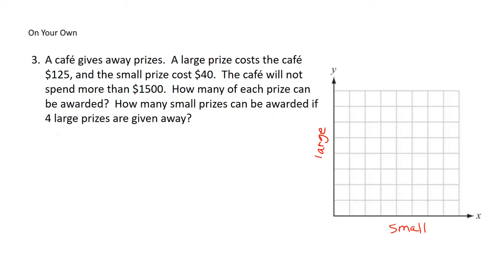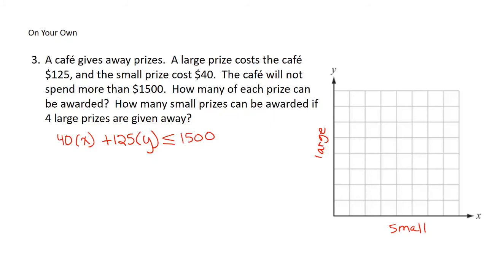So let's say 40 times the small, which are our X's, plus 125 times our large, which we're going to make be our Y. And that has to be less than, we're not going to spend any more than 1,500. All right, so there's your equation.